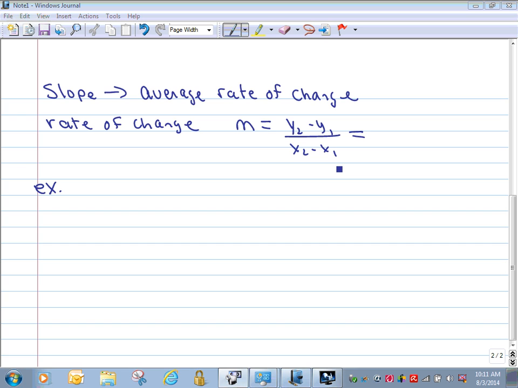So just get in the habit of labeling and calculating that now. Also, you're going to hear that this slope is referred to as the change in y over the change in x, or delta y over delta x. And you'll see that notation more as we move forward.